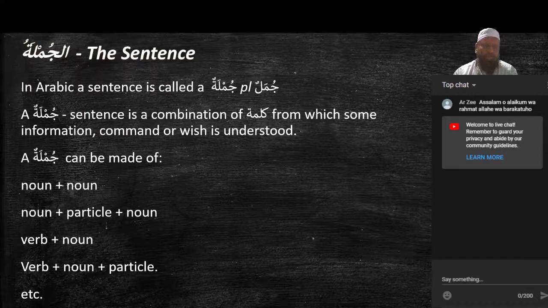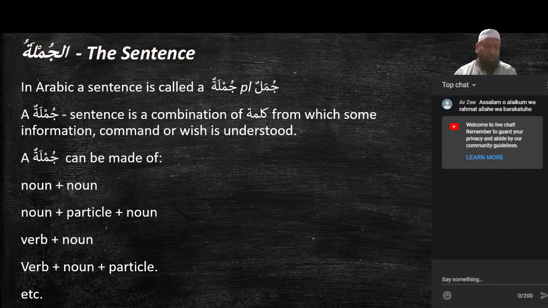A jumla can be made of noun and noun, noun and particle and a noun. A jumla can be made verb plus noun. A jumla can be made verb plus noun and plus particle.